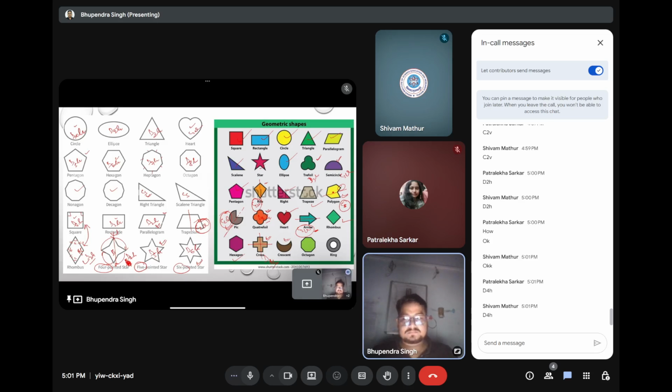Point group of crescent. C2V. Okay, C2V. Octagon, ring.